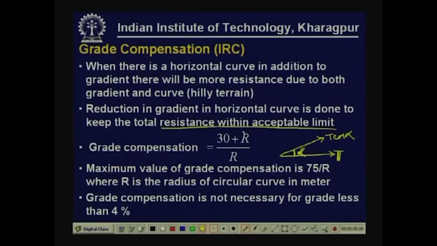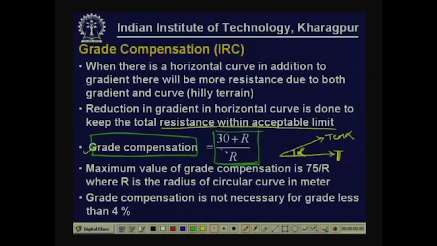IRC suggests this basis for grade compensation. Grade compensation is basically (30 + R) / R, where R is the radius of the curve. That amount of grade compensation may be applied.